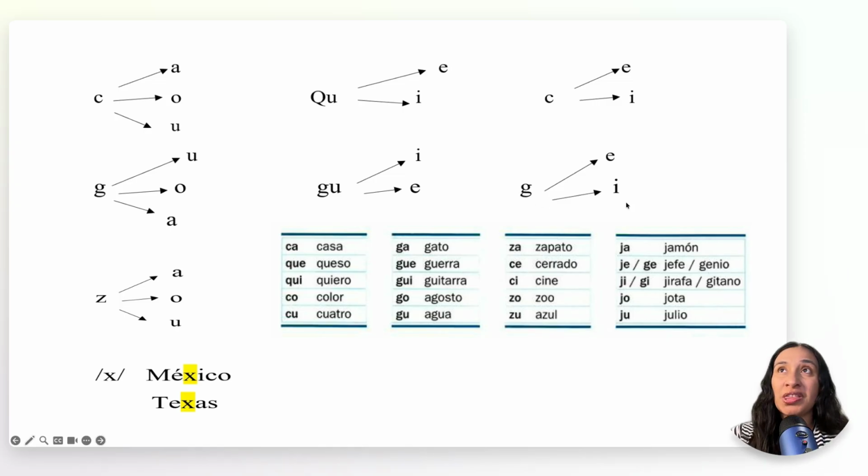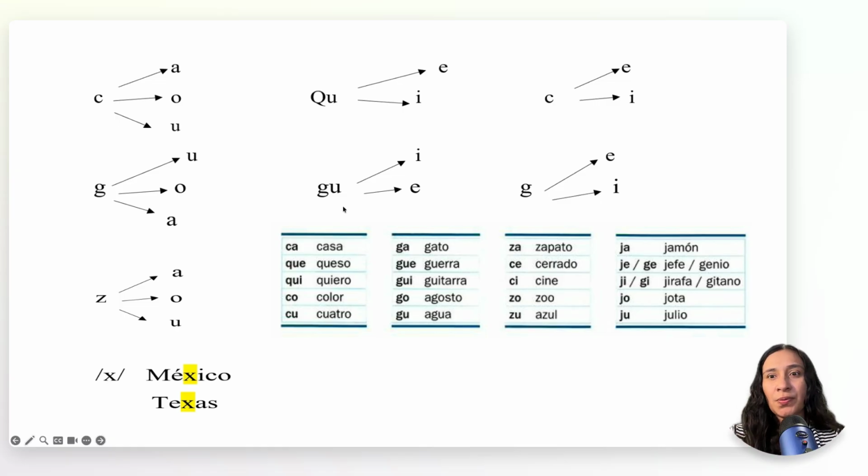And then the G with the I is hi. How do we have the pronunciation as ge or gi? We need G-U, and the I, G-U, and the E. So gi, ge is just when you have that combination. So G-U-I, G-U-E, gi, ge.